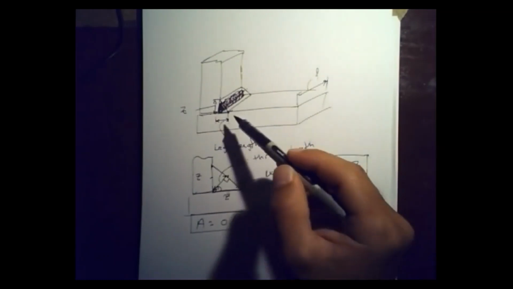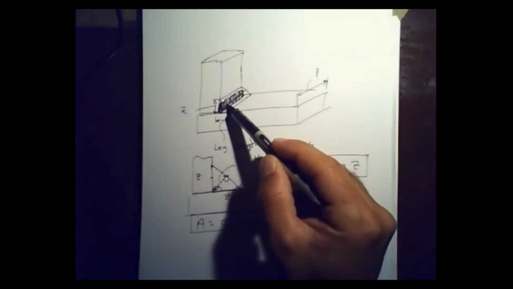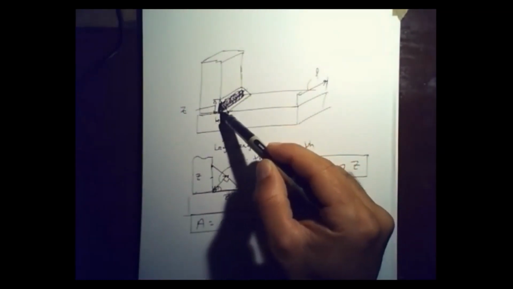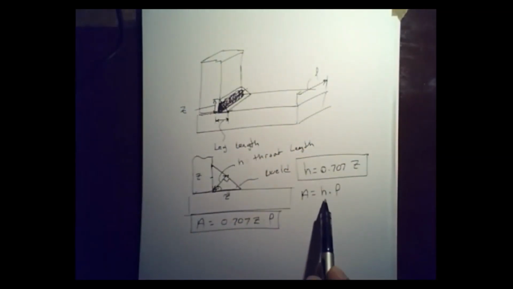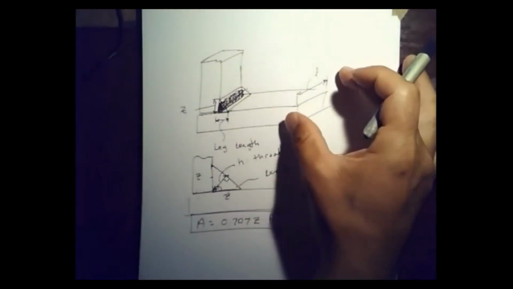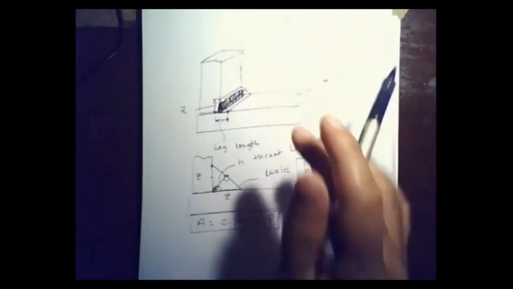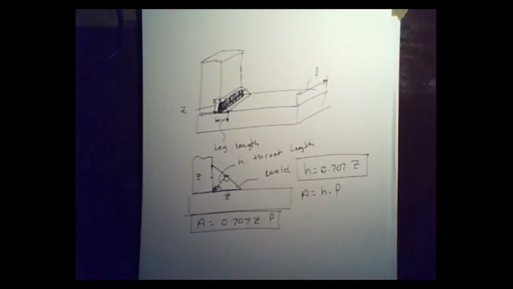Now the area along the middle here, all the way through, is going to be equal to H multiplied by the length, where length is the length of the weld. So as long as the weld, you are going to get that out.